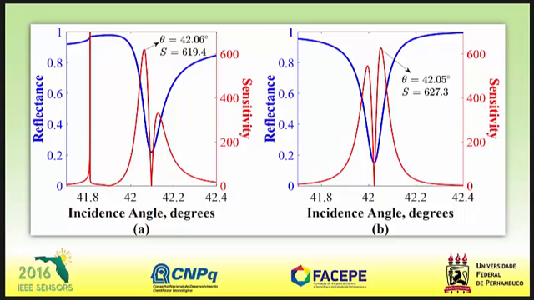And in particular, for the case of 1.6 micrometers, we show here the resonance plots for the Kretschmann and Otto configurations using air as sensing medium. And we also show here the sensitivity curve.